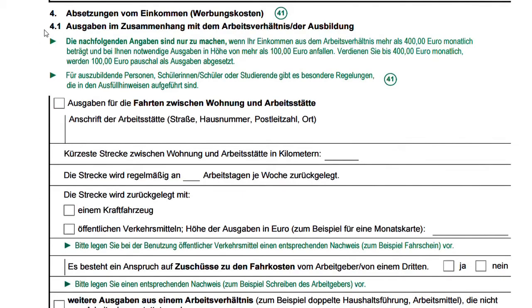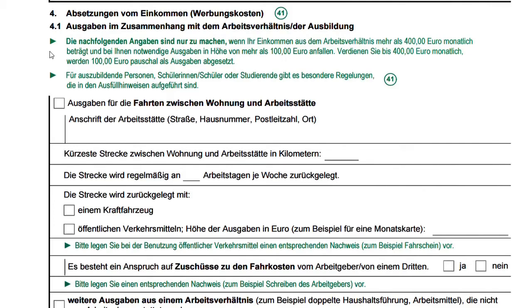And part 4.1 is about the expenses related to employment or vocational training. You should only provide information below in the following part. If your income from the employment exceeds 400 euros per month and your necessary expenses are more than 100 euros.